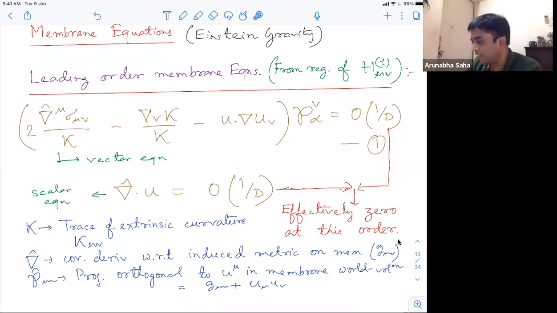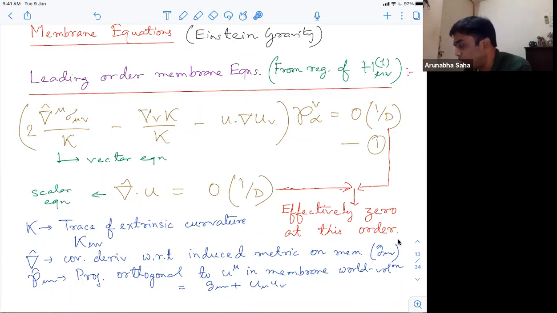So this is the general structure of the equation for Einstein gravity. The number of equations actually matches the number of degrees of freedom: one scalar degree of freedom from psi and one from the velocity.